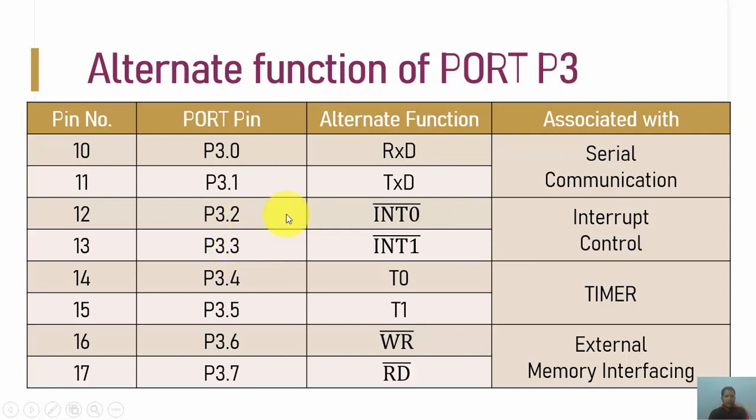P3.2 and P3.3 are INT0 bar and INT1 bar, that is external hardware interrupt 0 and external hardware interrupt 1, used for interrupt control. In counter operation, P3.4 and P3.5 are used to count external events respectively. T0 is associated with timer 0 and T1 with timer 1, and this activity is called event counting, associated with the timer block.